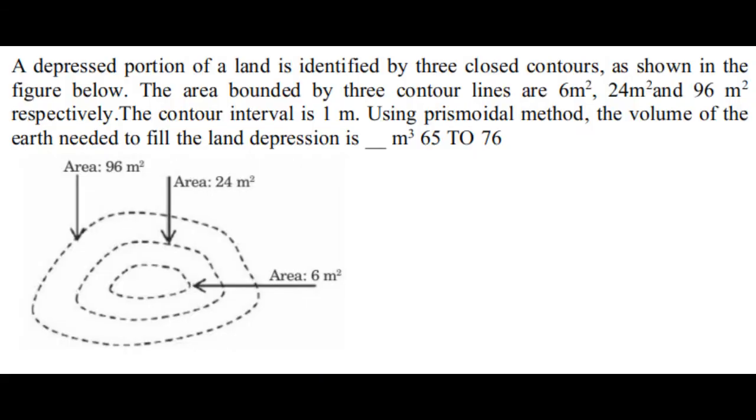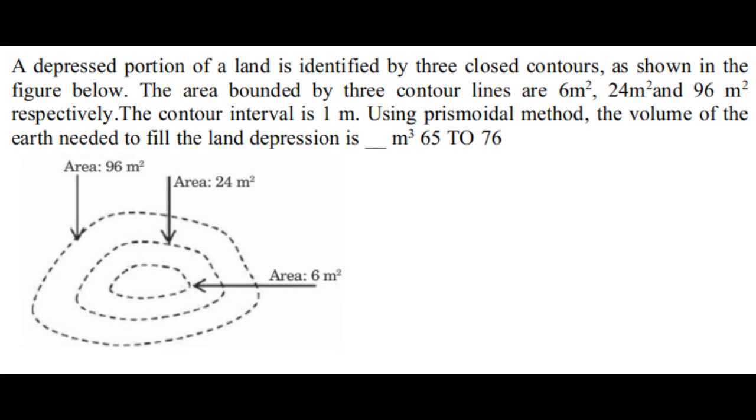Next question. A depressed portion of a land is identified by 3 closed contours as shown in the figure below. The area bounded by 3 contour lines are 6 meter square, 24 meter square and 96 meter square respectively. The contour interval is 1 meter.